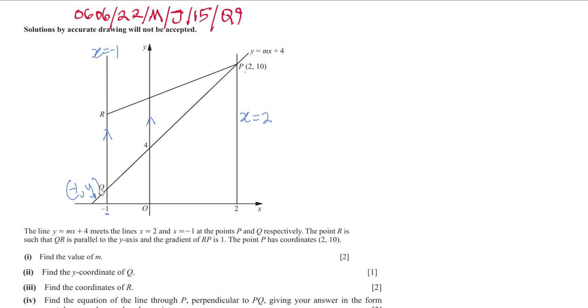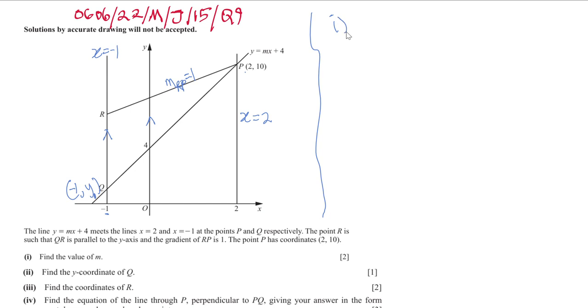The gradient of RP is 1. This line RP, the gradient of RP is giving us 1. The point P has coordinates 2, 10. Okay. Now find the value of m.